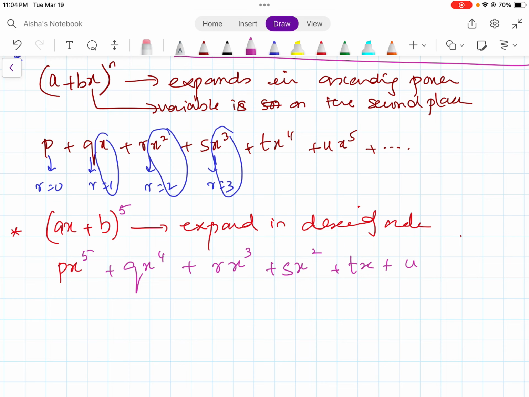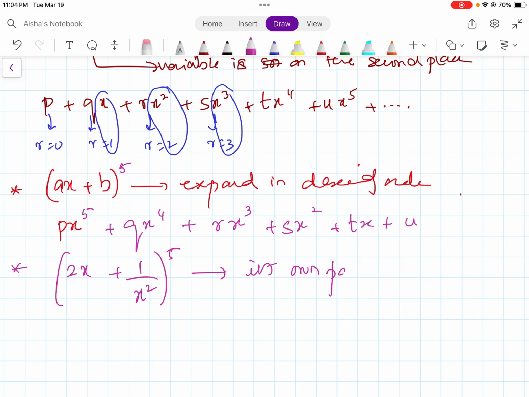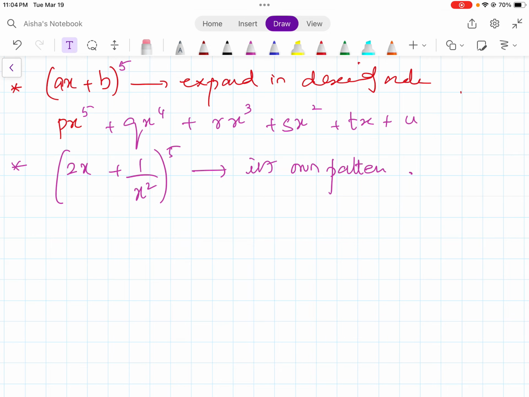So I'm just telling you how the expansion will open up. Values, we're not discussing that. However, when there is an x with both the terms, then it will have its own pattern, which we don't know. Okay?